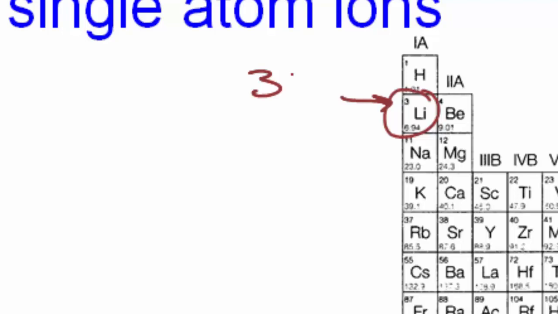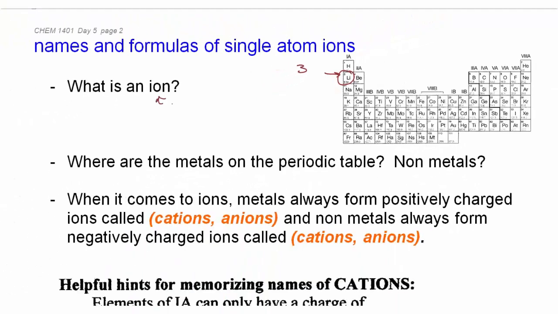Well, then it would be positive. Again, it would be an ion. So an ion is created when the number of protons does not equal the number of electrons. If we have too many electrons, it'll be negative. Fewer electrons than protons, it'll be positive.